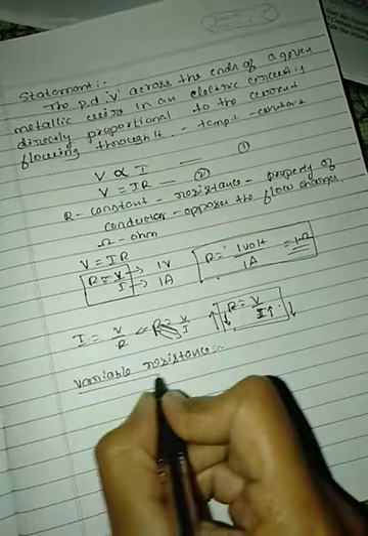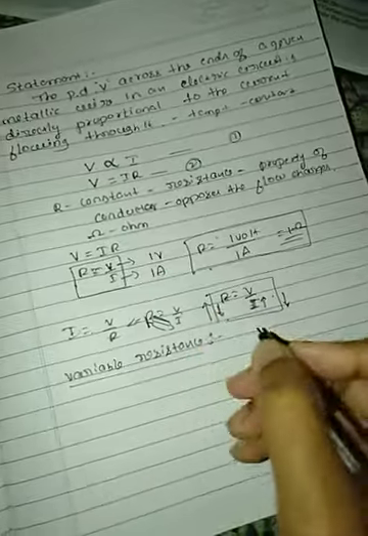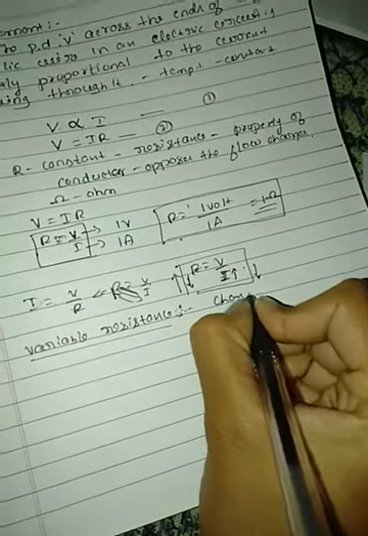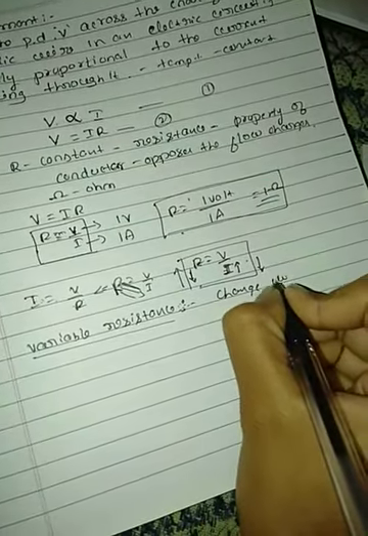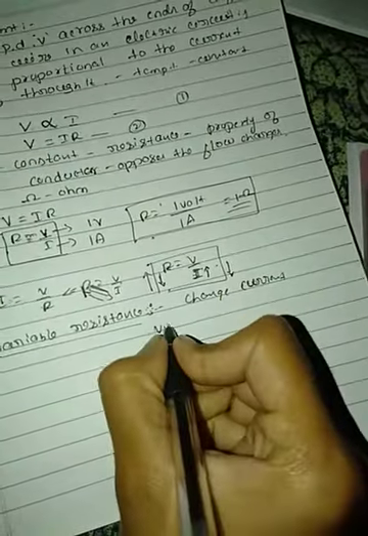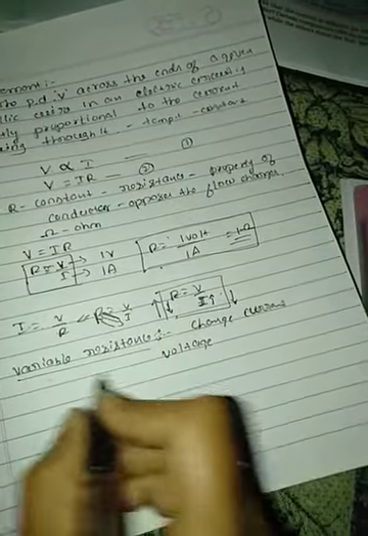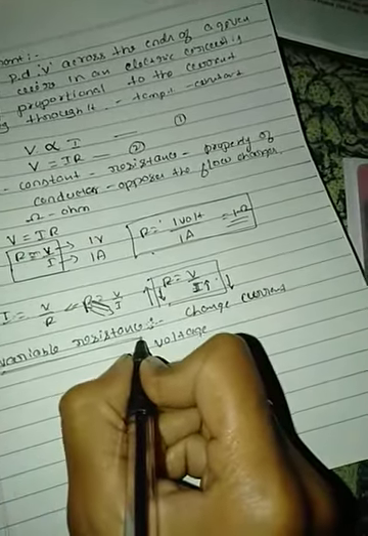So variable resistance is an instrument used to change the current without changing the voltage value. Remember that, without changing the voltage value. This instrument is called a variable resistance.